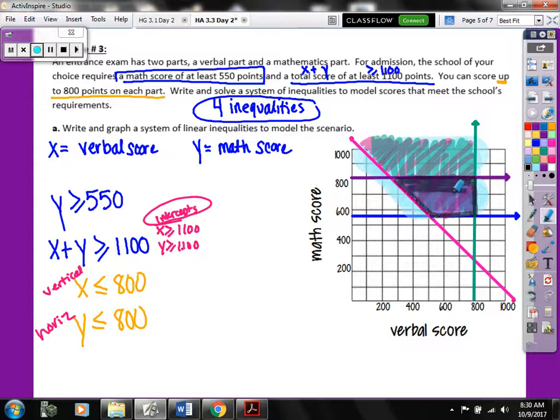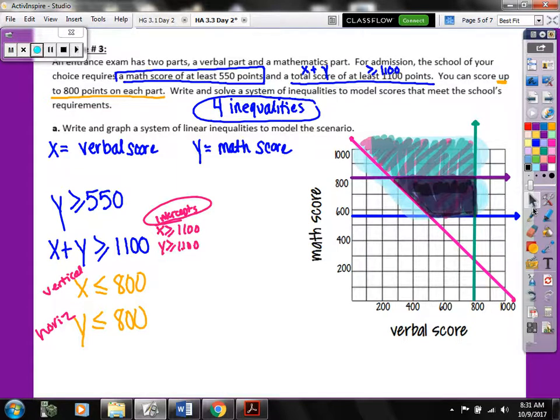Which is a trapezoid, actually. Not that that matters. A lot of them are going to be bounded with horizontal and vertical, and even when we get into our next section, we'll end up maximizing and minimizing cost and profit functions, but our graphs will look like this.